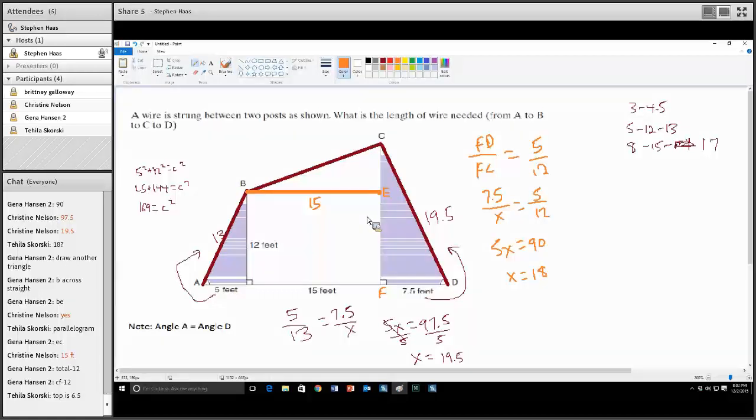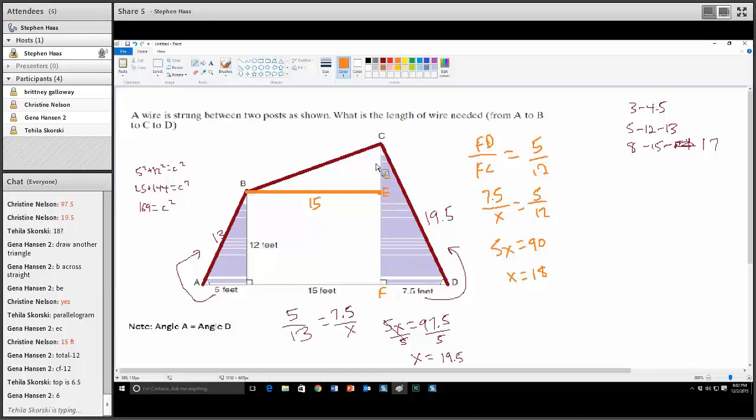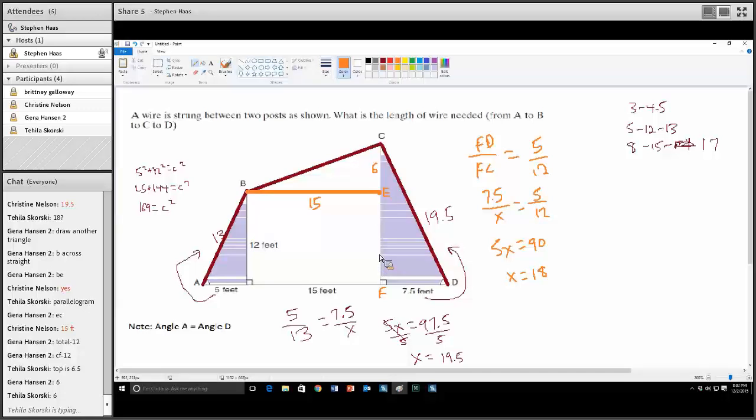So if the entire CF is 18, what does that make CE? That makes CE 6, right? Because this has to be equal to this because they're opposite sides of a rectangle. Now, once we have this, how can we get BC?